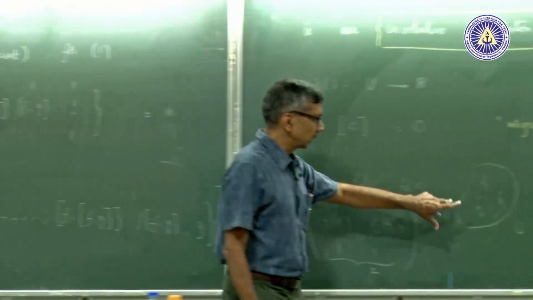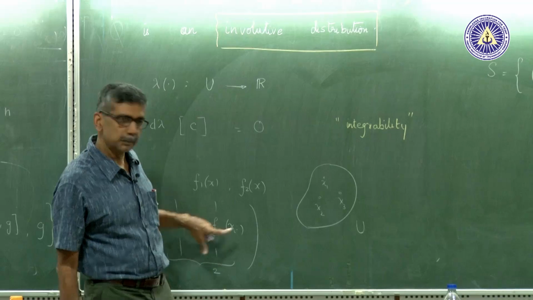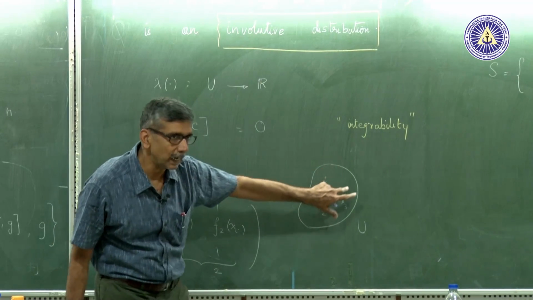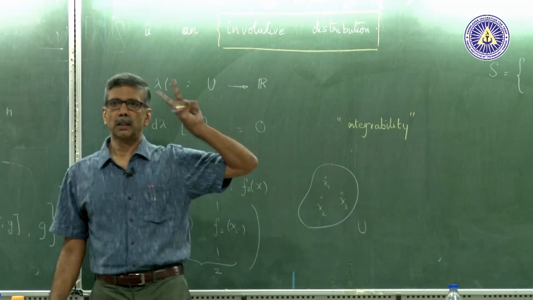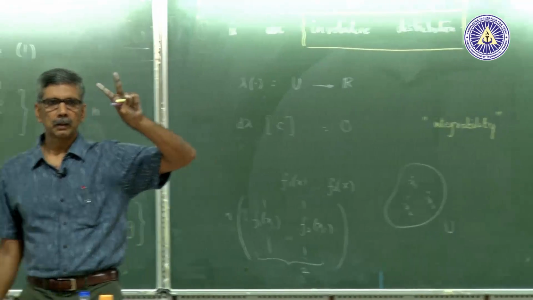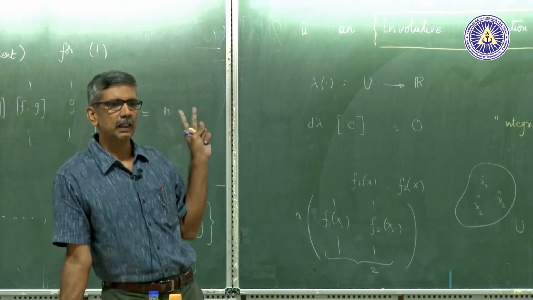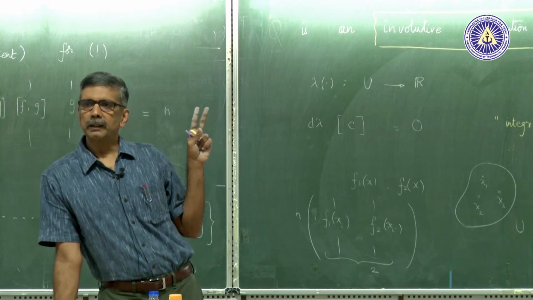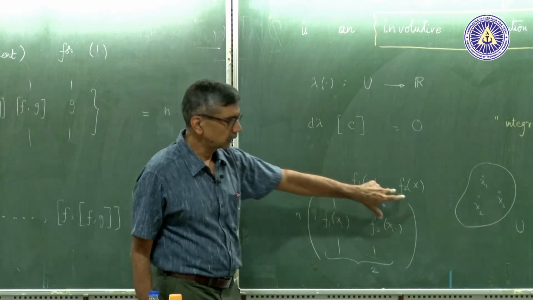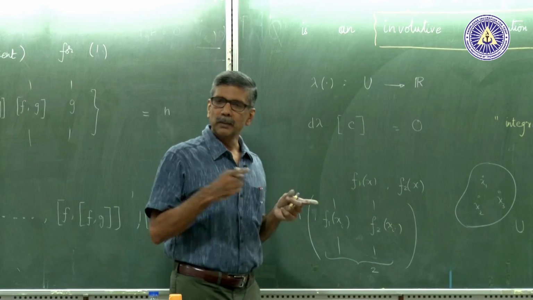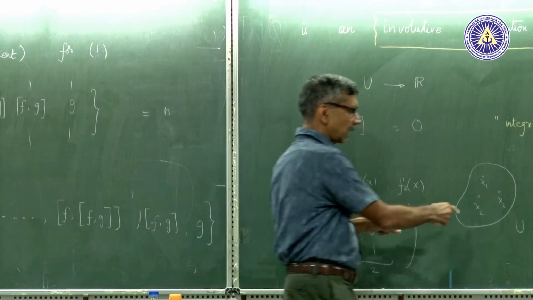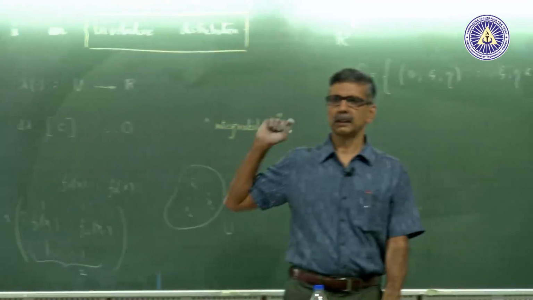If the rank of this matrix at every x in U is 2, that is, the two vectors are linearly independent everywhere, then this, which is now called a distribution, has rank 2 over this region.